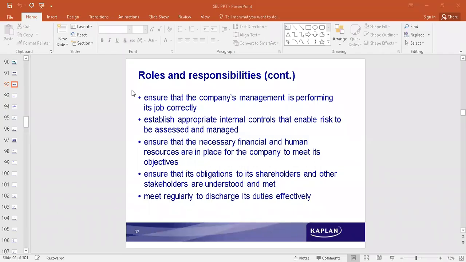The purpose of having NEDs on the board was to have an independent review to be taken up. Then, in the case study, we looked into what the flaw was in that particular situation and what the appropriate thing is.